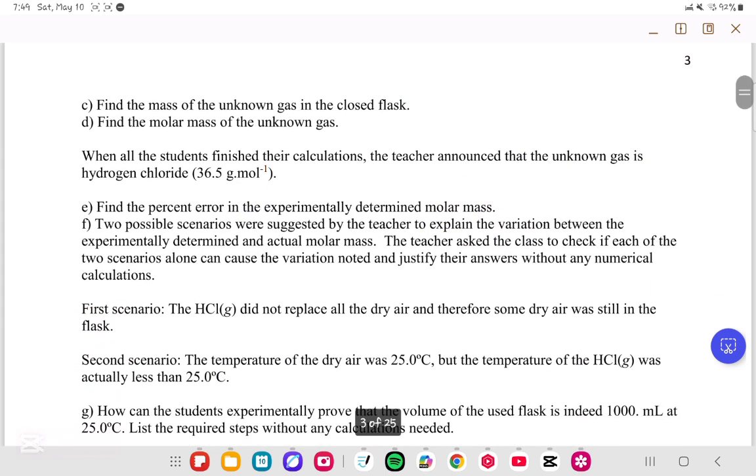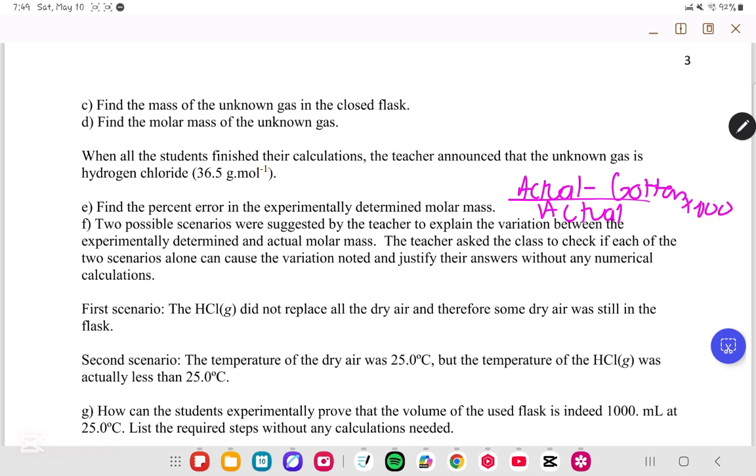They said when all the students finished their calculations, the teacher announced that the unknown gas is hydrogen chloride, HCl, which has a molar mass of 36.5. Find the percent error in the experimentally determined molar mass. So to check the experimental error, you're going to do the actual minus what we got, over actual, times 100.